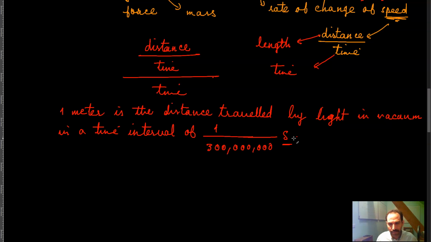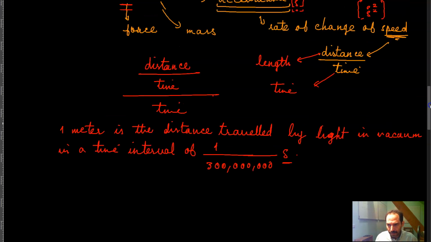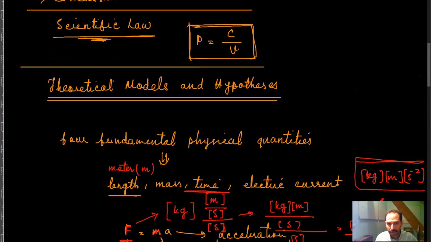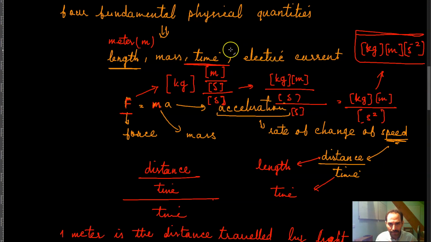And now scientists have made these clocks that are accurate to something about 1 microsecond in a year or so. So it's actually very, very accurate, right? So that's basically how we do this sort of thing.